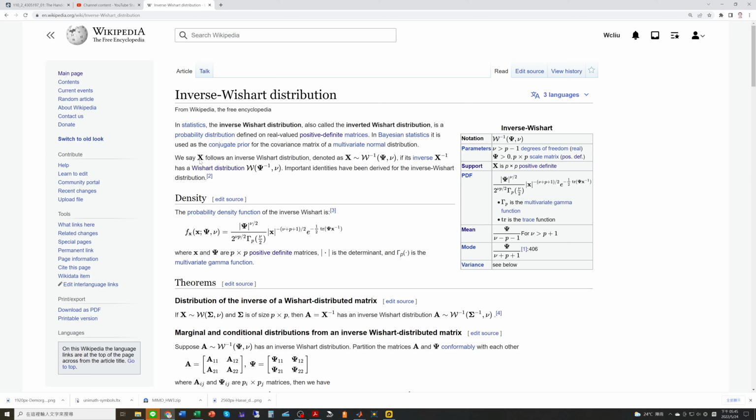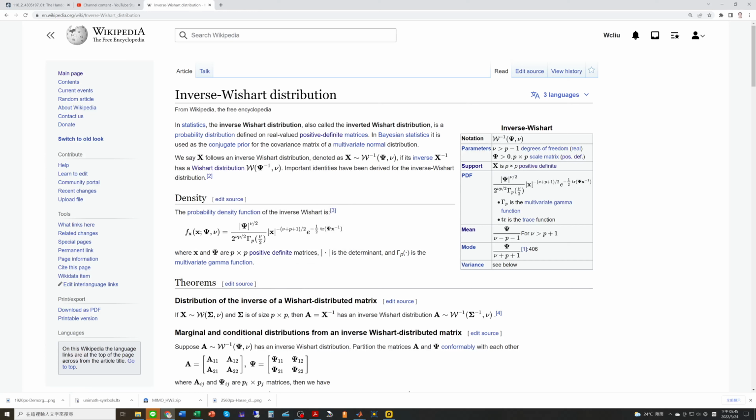So we say X follows an inverse Wishart distribution, denoted as X ~ W inverse of (psi, nu), if its inverse X inverse, so X must be an invertible matrix, has a Wishart distribution W of (psi inverse, nu).